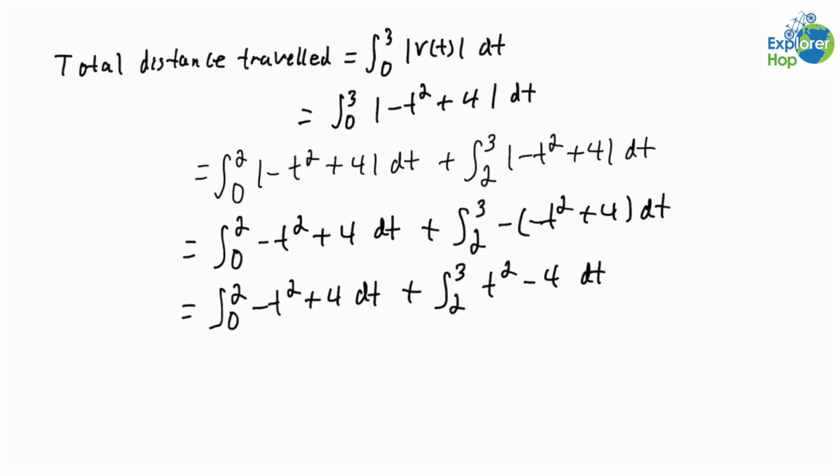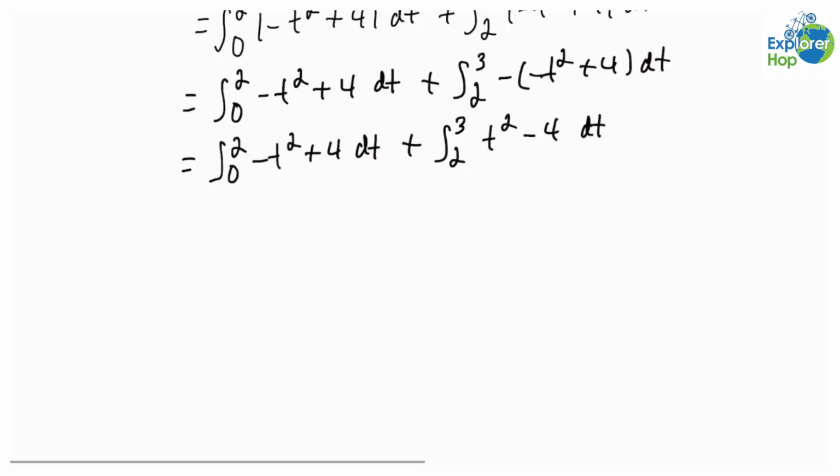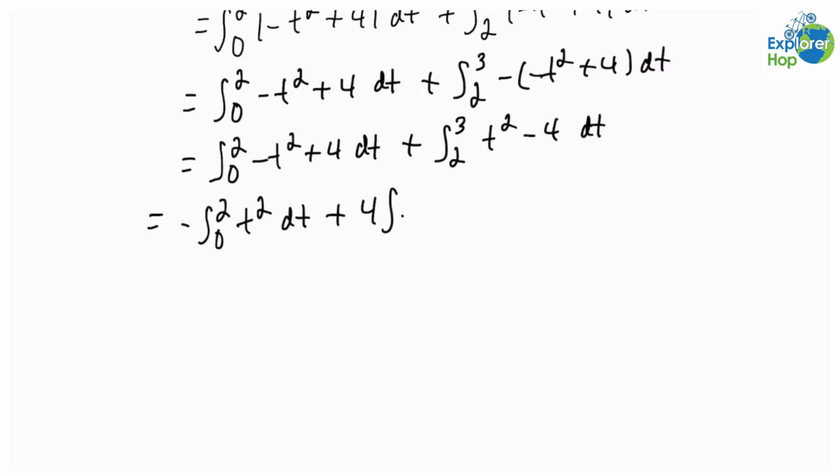Now applying the sum/difference rule and the constant multiple rule, this is equal to the negative of the definite integral from 0 to 2 of t squared dt plus 4 times the integral from 0 to 2 of t to the 0 dt plus the integral from 2 to 3 of t squared minus 4 times the integral from 2 to 3 of t to the 0.